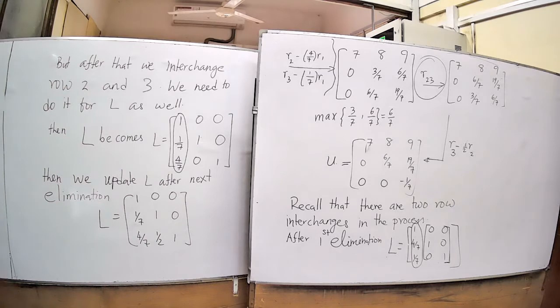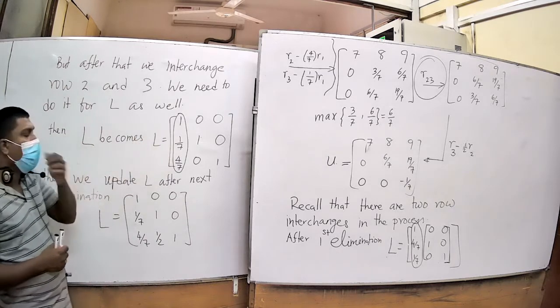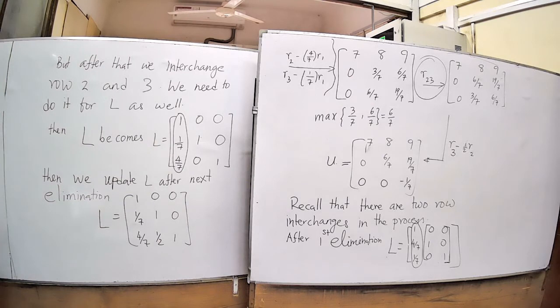Whatever row operation you do after the second step, after the first elimination, you have to do it for the first column of L. The same thing for the next column, and the next column. So always you have to do this. That is important here.